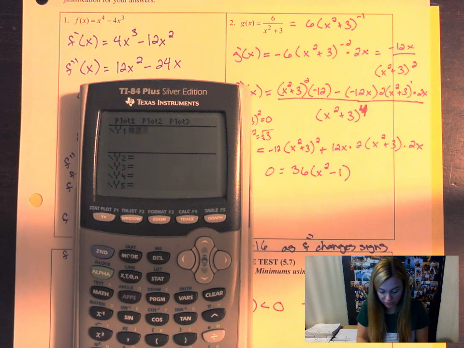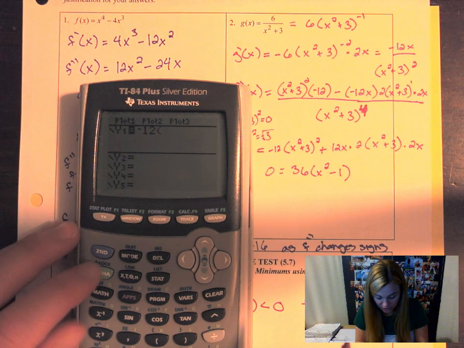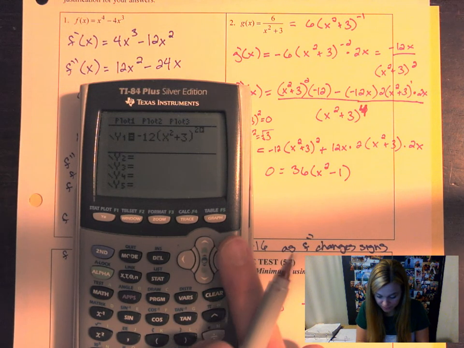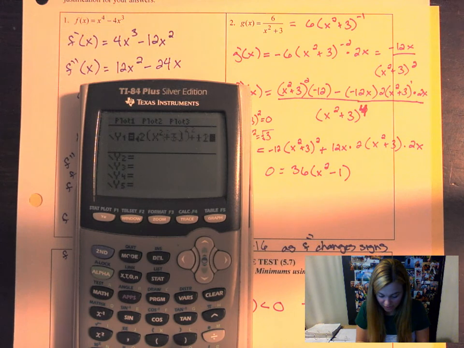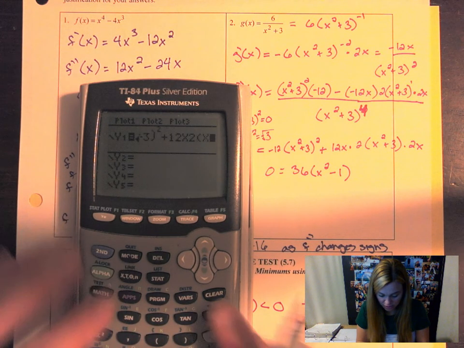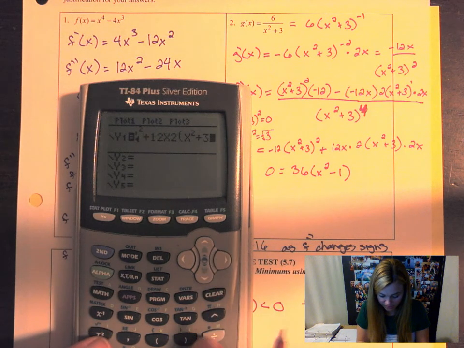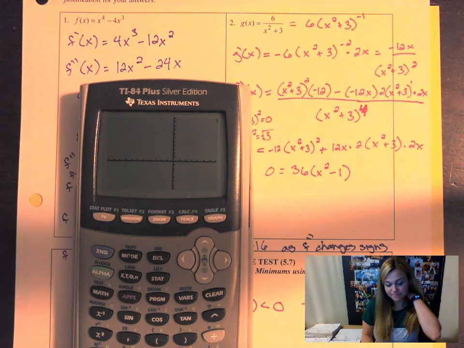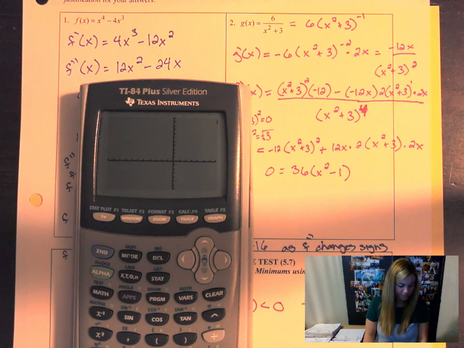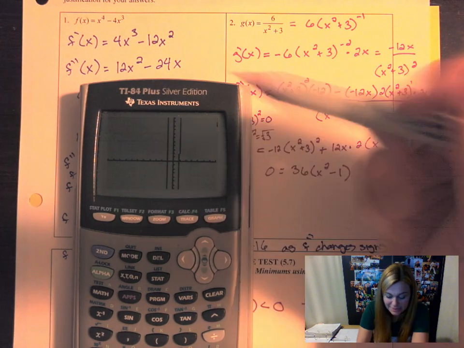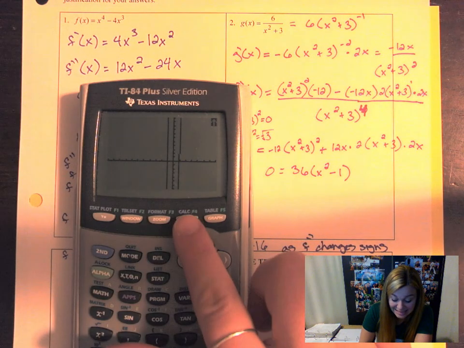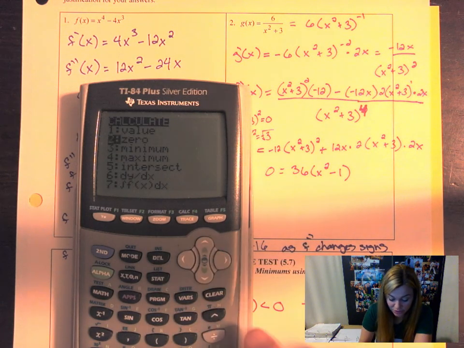So negative 12 times x squared plus 3, squared, plus 12x times 2 times x squared plus 3 times 2x. If I graph this, I can see right here there's a 0 here and a 0 here. So one of the ways that I can do this is I can say second calculate, and you can go to 0.